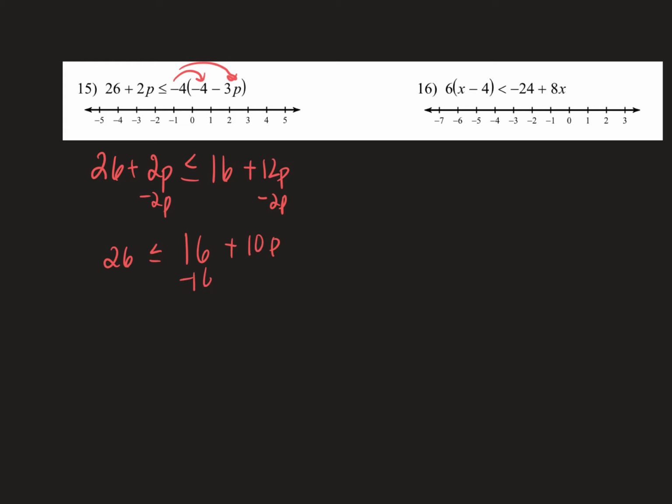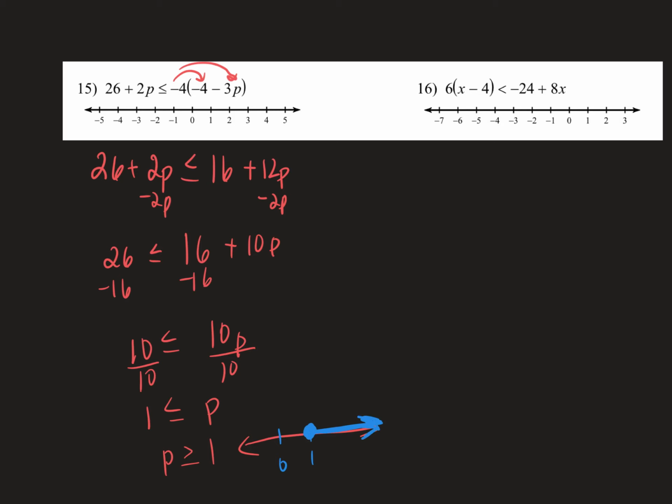I'm going to subtract 16. So 10 is less than or equal to 10p. I'm going to divide by 10. 1 is less than or equal to p, or p is greater than or equal to 1. And it's said to graph all inequalities. So greater than or equal to would look like that.